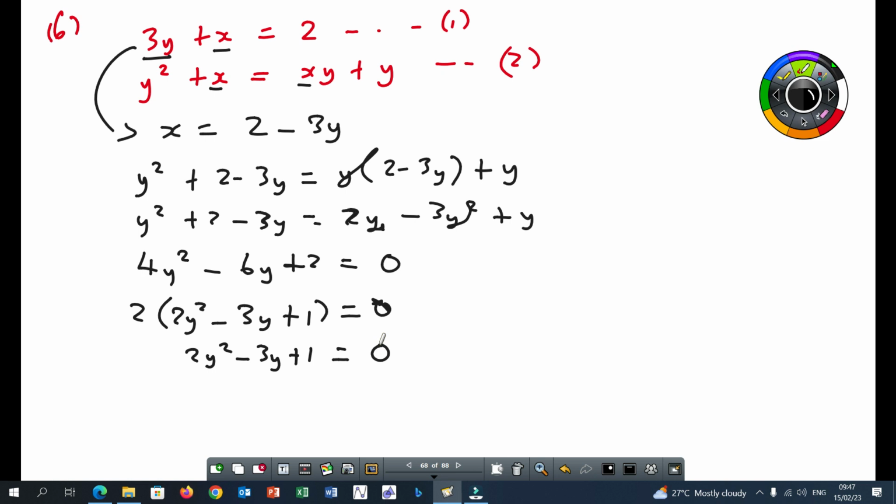Right, so here I've got 1, then I've got 2, so I can split this up into minus 2y minus y plus 1 equal to 0. Please don't worry about what I'm doing here. I'm trying to factorize. So this will give me 2y times y minus 1 minus y minus 1 equal to 0.